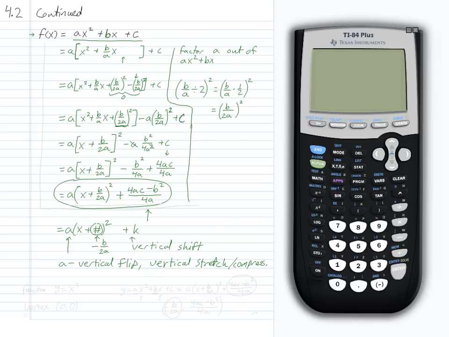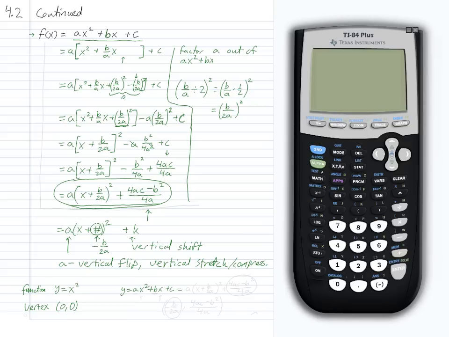So if we write it in this form, we can see the transformation taking place, in particular to the vertex. Our original vertex for our function y equals x squared is located at 0, 0. If we're dealing with a transformed version or a generic quadratic, this is a nice form for it to be written in.